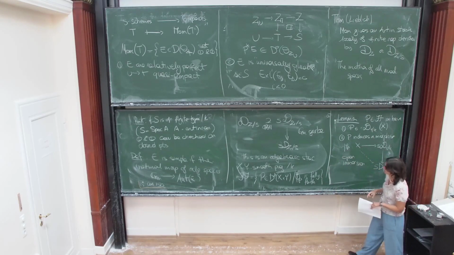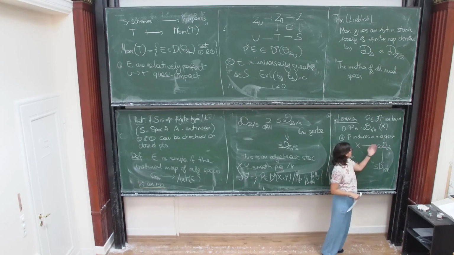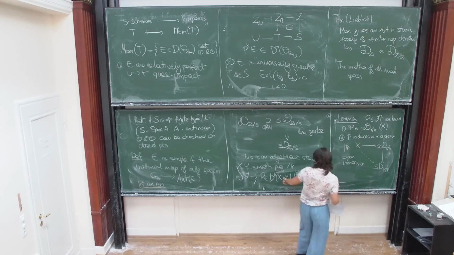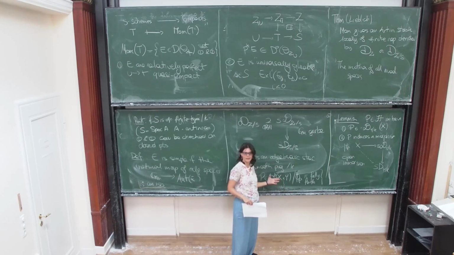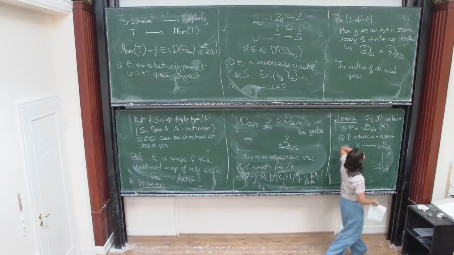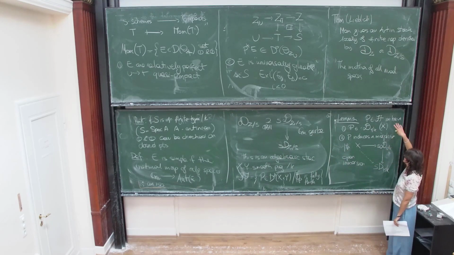Well, theoretically, you see how this map goes. Like a P, an object in here, you have a map to Y, and so this is a scheme over Y, and P is actually perfect.